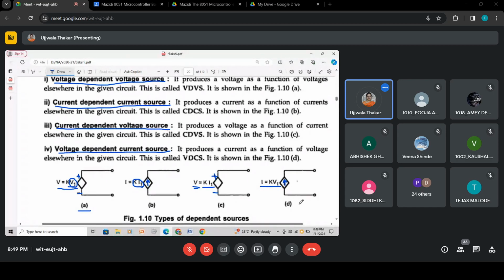You should be remembering these. I'm not going to take these things again in the class, for sure. I completed current source, voltage source, ideal, practical, and the types of dependent sources. Does anyone have any doubt or question so far?